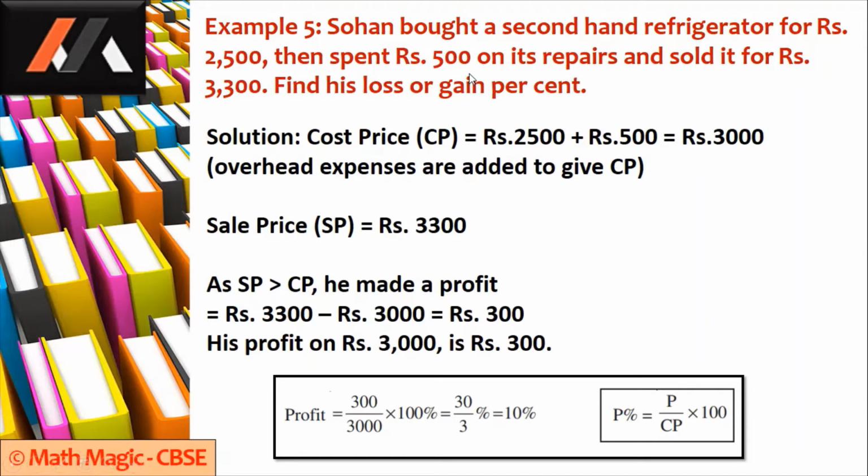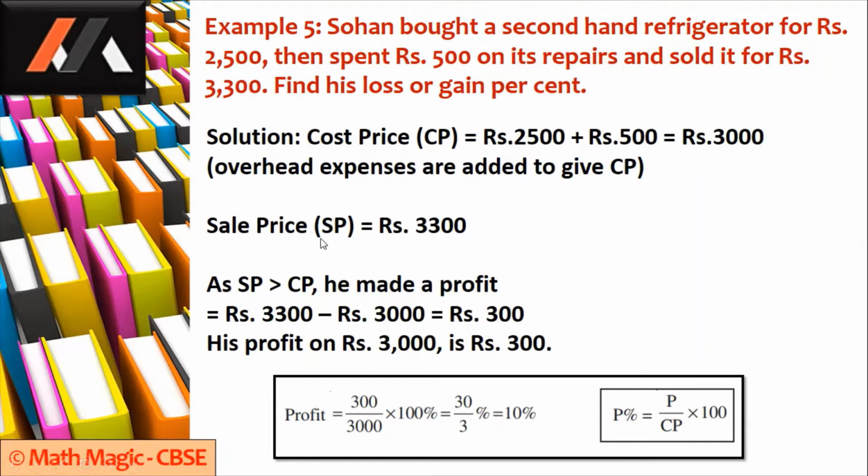In the previous slide we saw all the overhead charges are added to the cost price. So the cost price of the second-hand refrigerator includes the repairing charges. That is, the cost price is 2,500 plus the repairing charges of 500, a total of rupees 3,000. Overhead expenses are to be added to the CP, that is, the cost price.